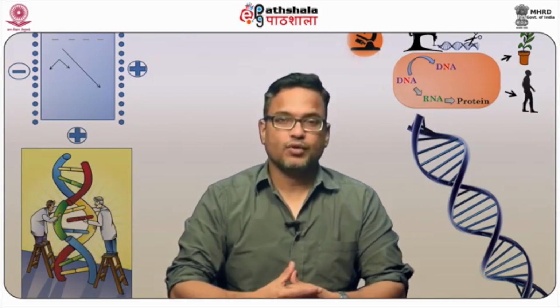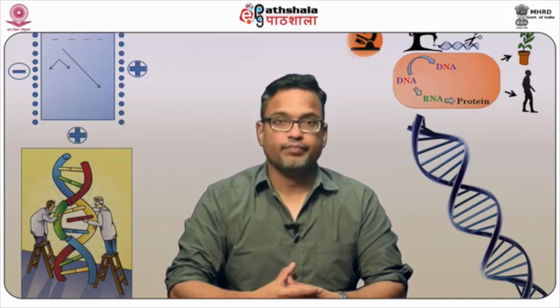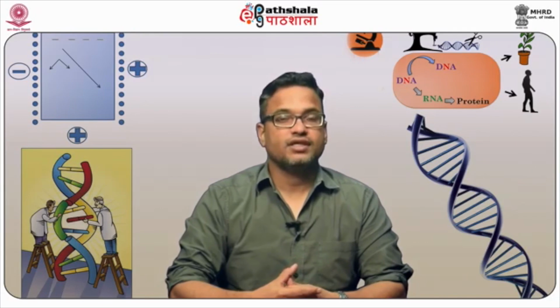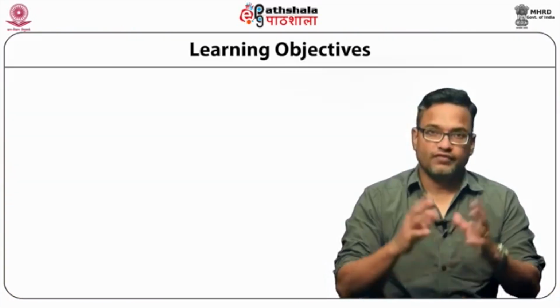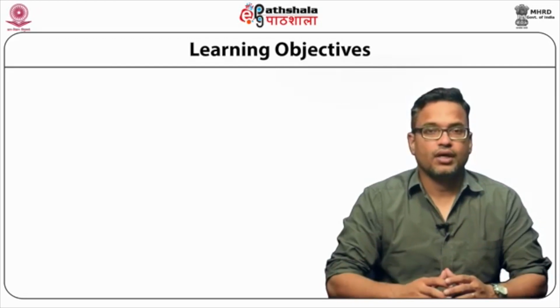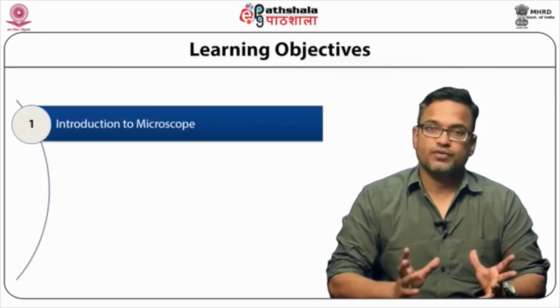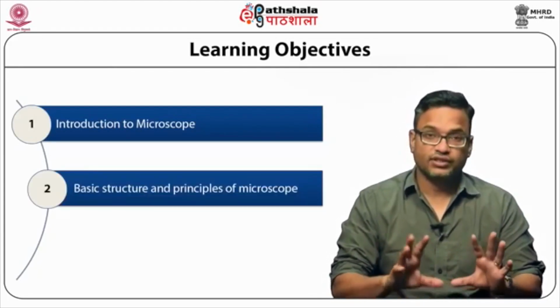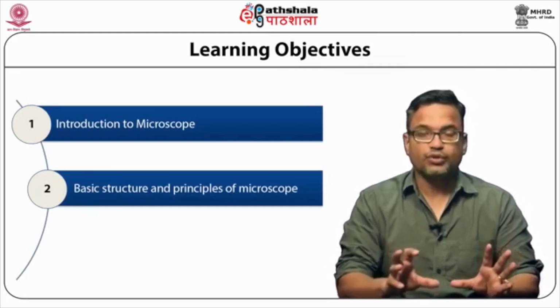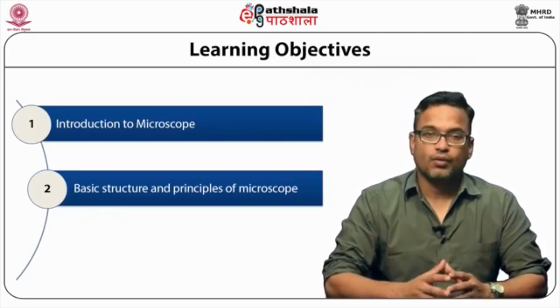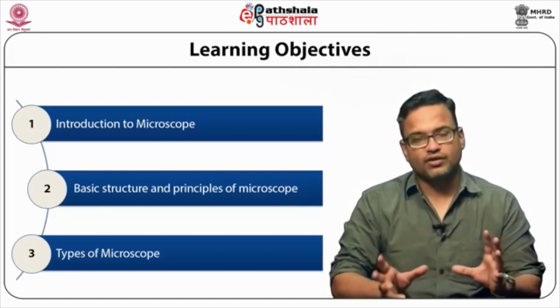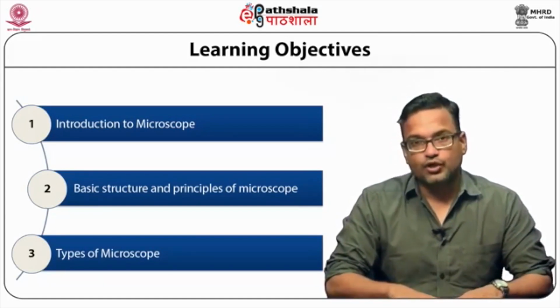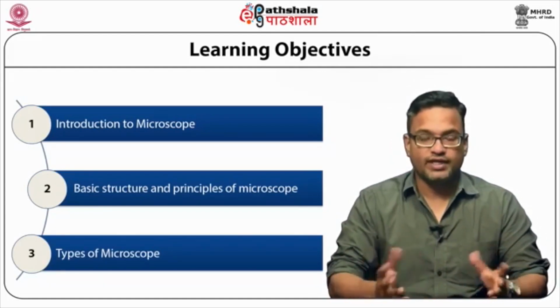Today we are going to discuss a module, Microscope Based Imaging and Application, Part A, under the paper Genetic Engineering and Recombinant DNA Technology, Part 1. After completing this module, we expect that students will understand what exactly a microscope is, what the basic structure, principle and components involved in a microscope are, and what kinds of microscopes are available for them to utilize based upon their applications.